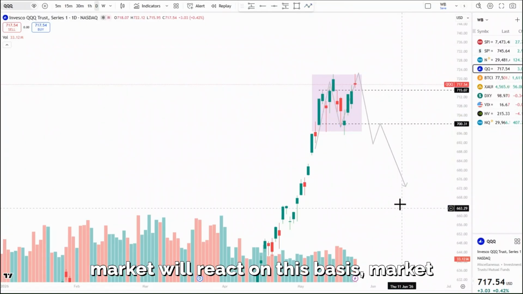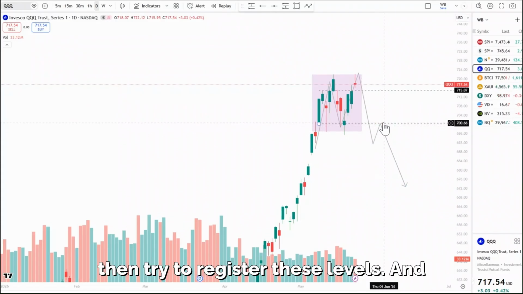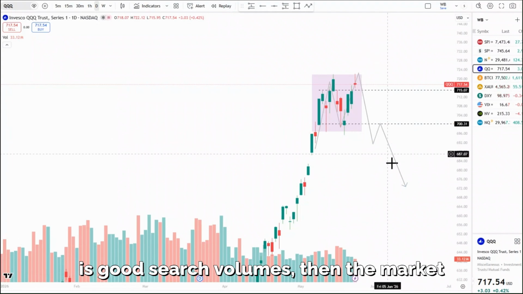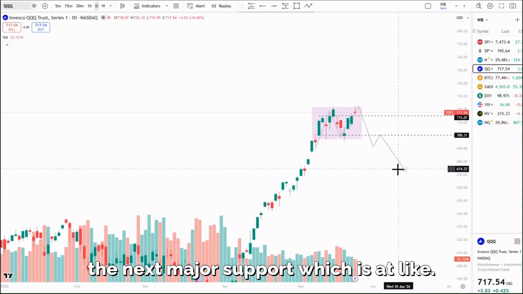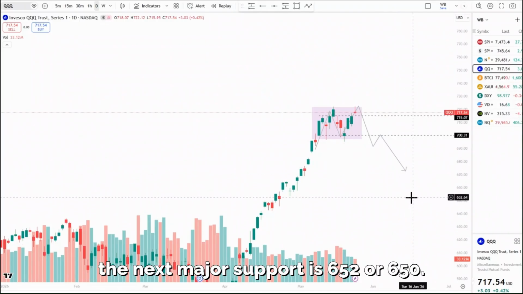If the market reacts on this basis, it will come down around the 700 level and try to resist there. Once the 700 level breaks down with good volumes, the market will continue coming down to the next major support at 674. If it continues, the next major support is 652 or 650.